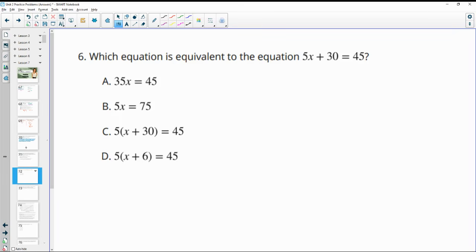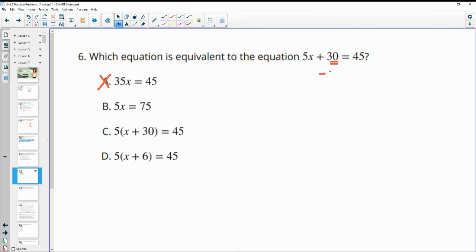Number 6: Which equation is equivalent to 5x plus 30 equals 45? So A is not good. Remember, these are not like terms, so you cannot combine those to 35x. The next one has the 5x by itself, so that means we would have had to get rid of the 30.